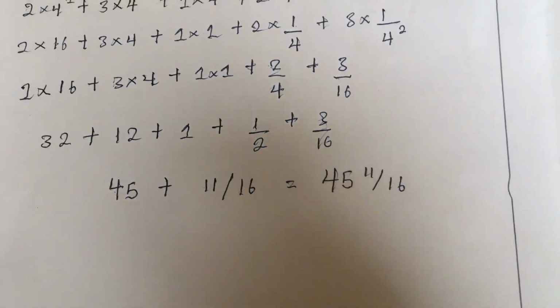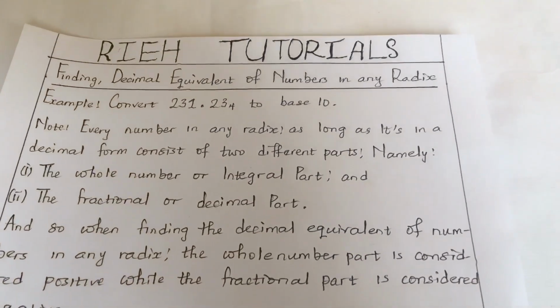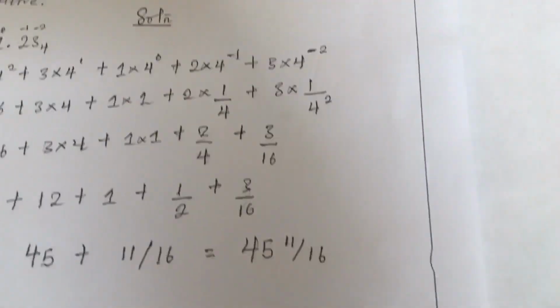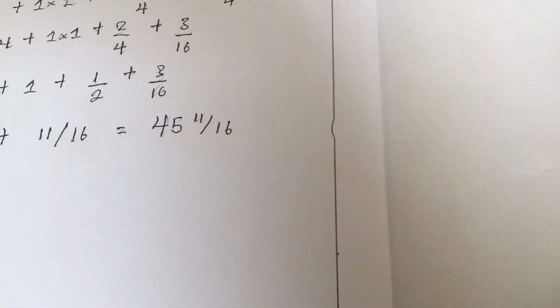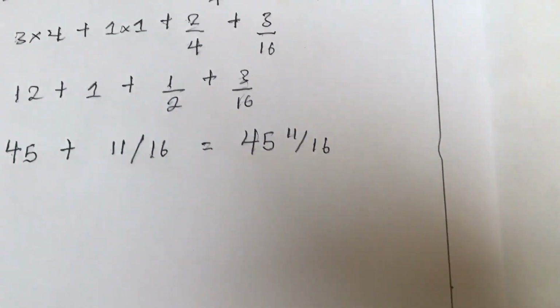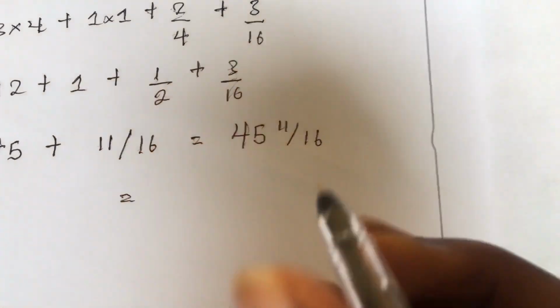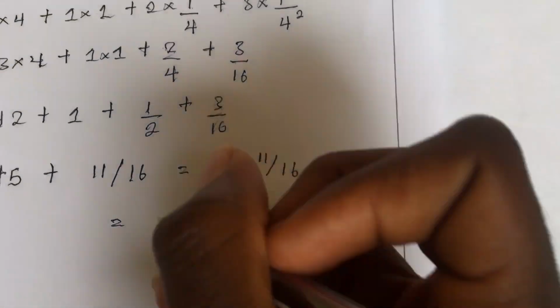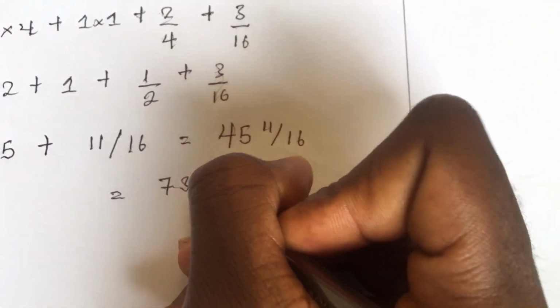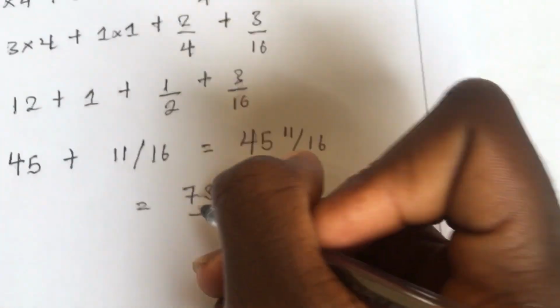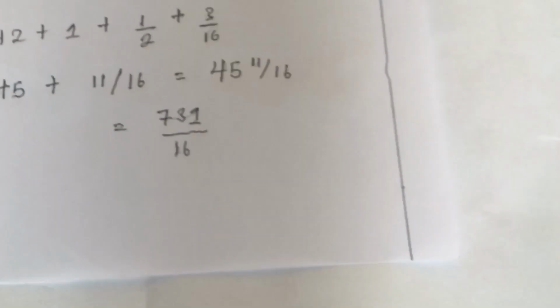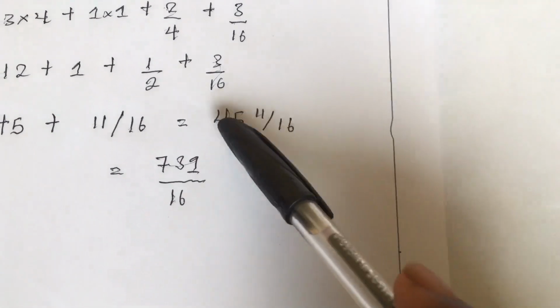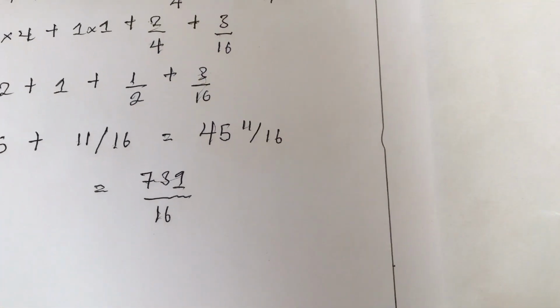So our question was given in a decimal form, so our result has to be expressed in a decimal form. So we can further break this down as 731 over 16. And how did I do that? Just simply multiply 16 by 45 and add 11.